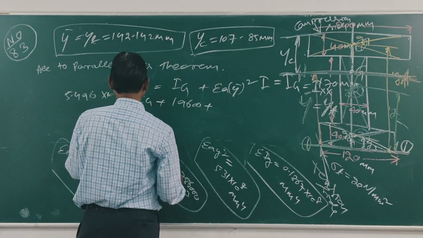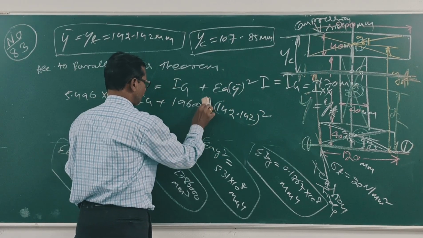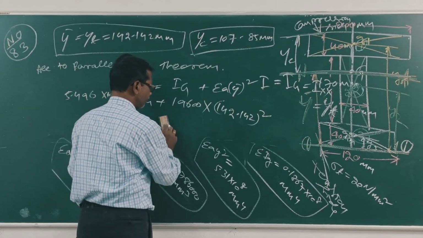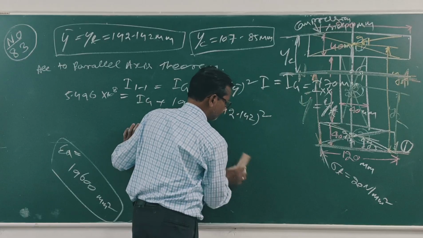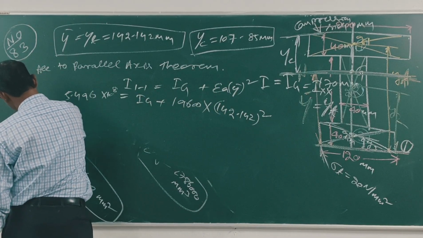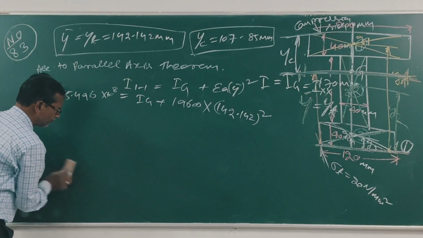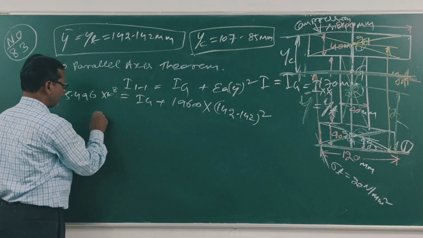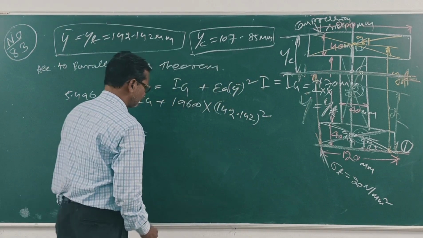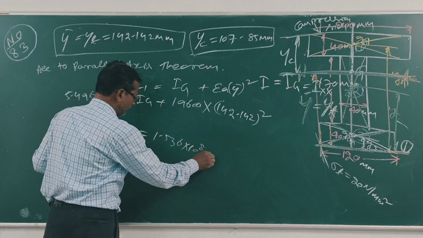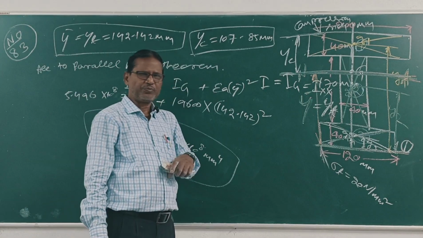What is y bar? 142 square. Ig means I. Here I is equal to 1.536 10 to the 8 mm fourth. Clear? Ig, yc, yt.